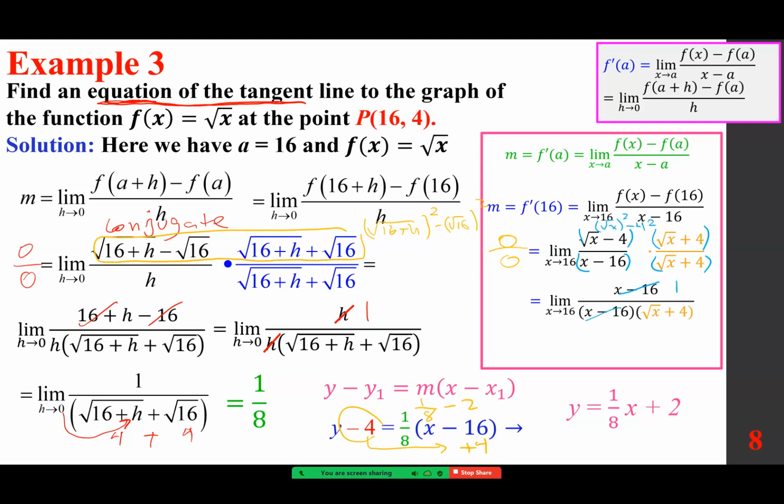So we have 1 over square root of x plus 4. And we want to take a limit of that expression as x approaches 16. When you plug in 16, that becomes 4 and 4, 8. And we get the same 1 over 8 that we found here. The same 1 over 8.